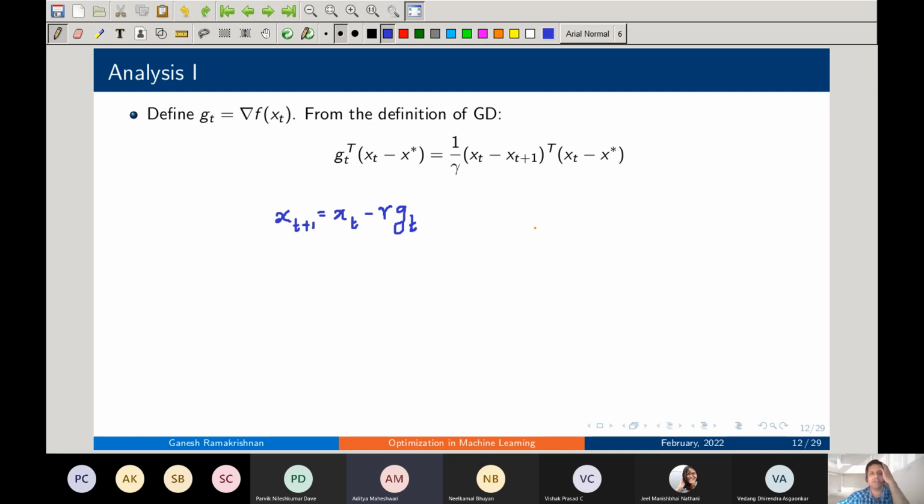So what have I done? I've just added this x star in both places: xt minus x star, and then I have also introduced a dot product.